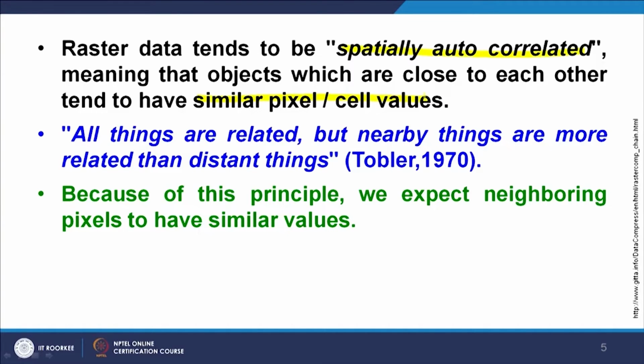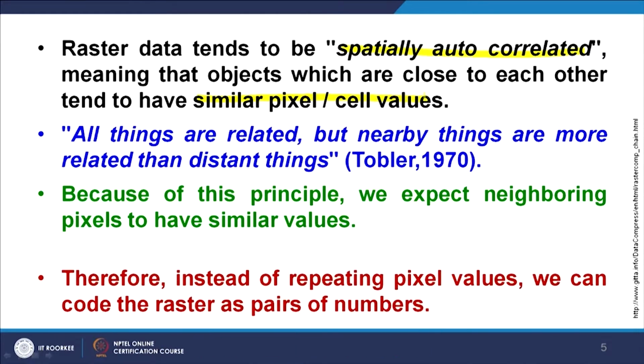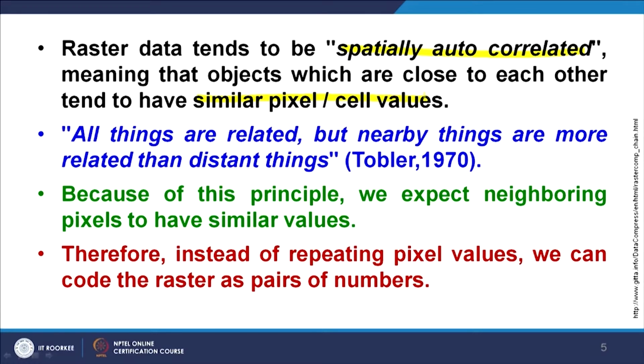So the same thing here: all things are related, but neighboring things are more related than distant things. Keeping this principle in mind, we expect neighboring pixels to have similar values. Especially in satellite images of a snow-covered or desert terrain, the areas are often featureless, because the pixel values are almost the same.